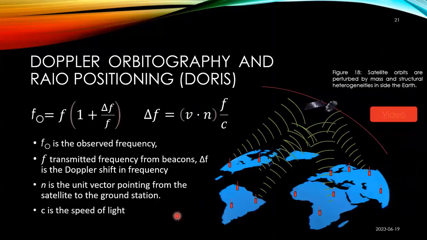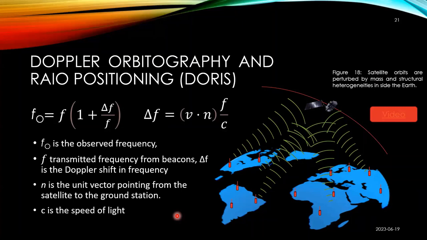Doppler orbitography and radio positioning, DORIS, has a very similar principle to Doppler positioning or the Transit system. We have a source sending a signal, and when the source is getting closer to us, the frequency increases, and when it gets far from us, the frequency reduces. That's what we know.